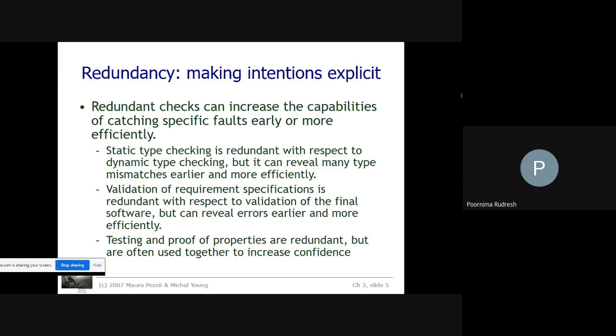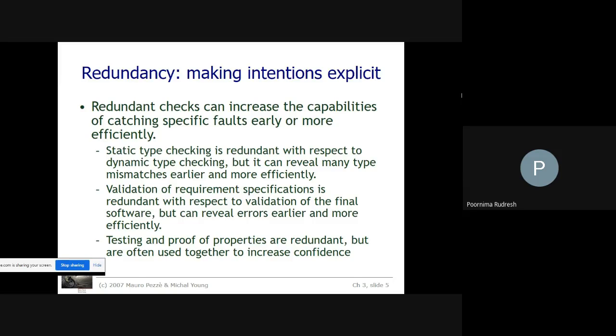And here the checkable redundancy is not limited to the source code. Means we are not only checking the redundancy with the code, but it is also introduced by the programming language designers. Means during the design phase also we are checking the redundancy of the system. Understood? Any doubt in this redundancy?